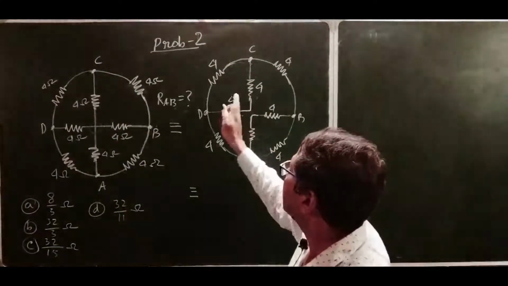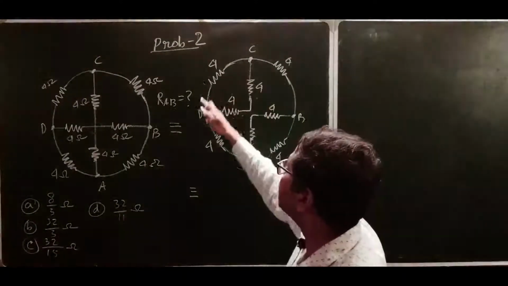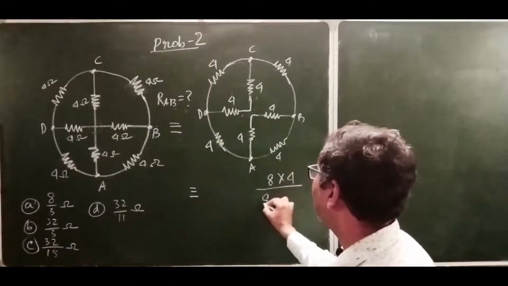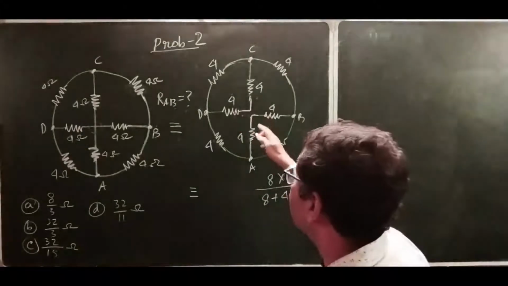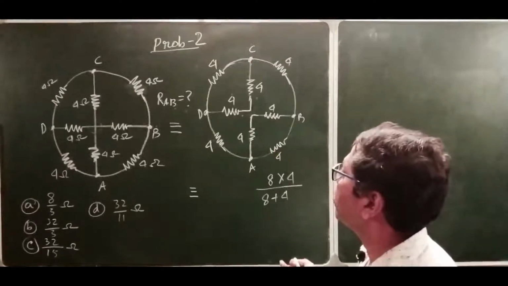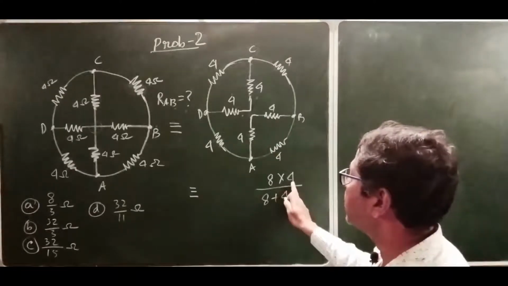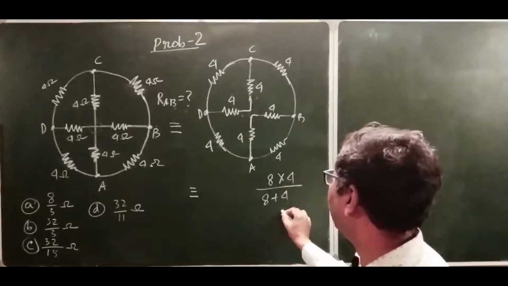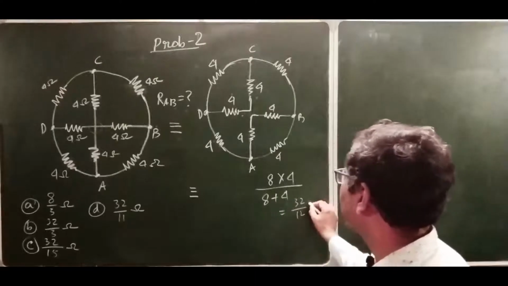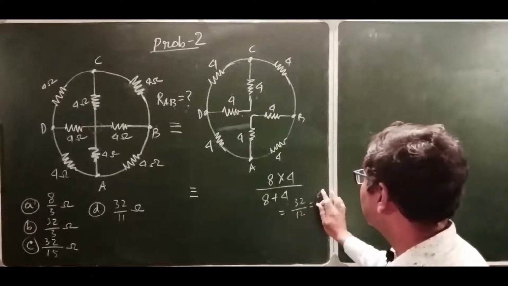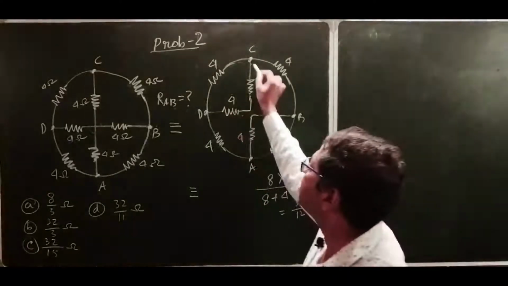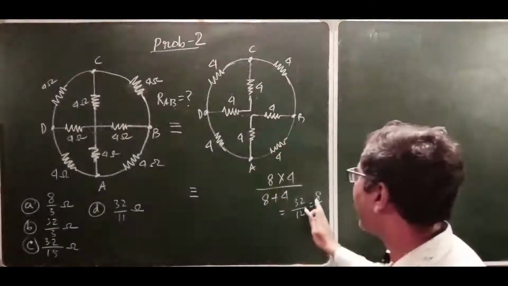That means these 3 resistances will make a total equivalent resistance of this, because in parallel connection, by the shortcut method, we can calculate the equivalent resistance like this, product of the resistances by sum of the resistances, and that will be equal to 32 upon 12. That means 8 by 3 ohm. So these 3 resistances will make a total equivalent resistance of 8 by 3 ohm.